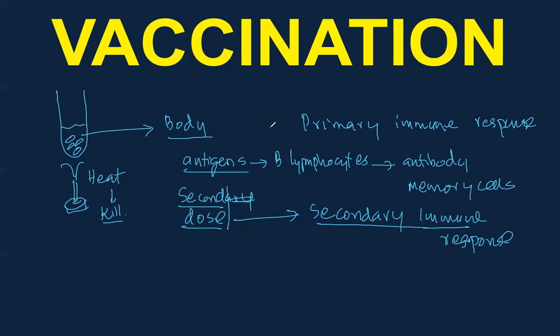But how does the body identify the bacteria? Not by whether it's living or not, but by its outer covering, the cell wall, and the antigens sticking on its surface. So whether it's dead or alive, the body counts it as an infection. We are tricking the body. Actually, it is killed. It can't cause a disease.